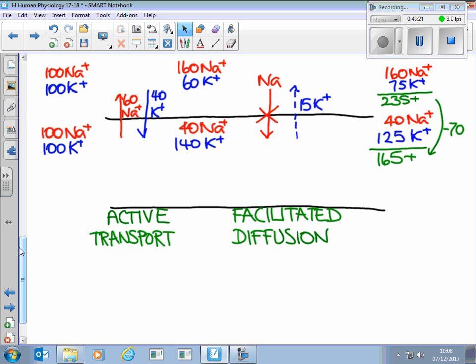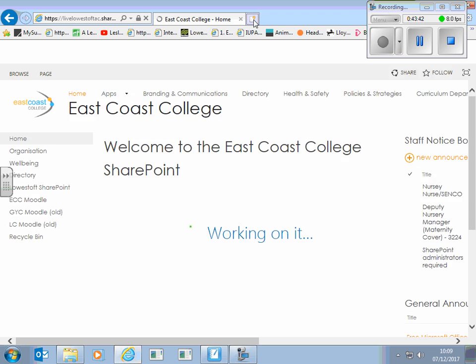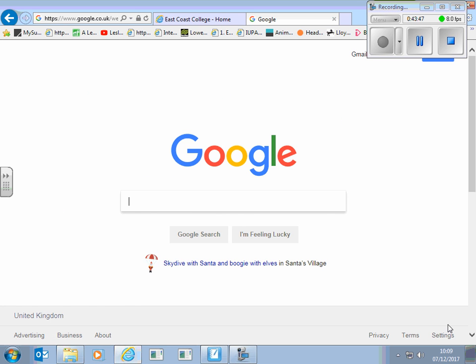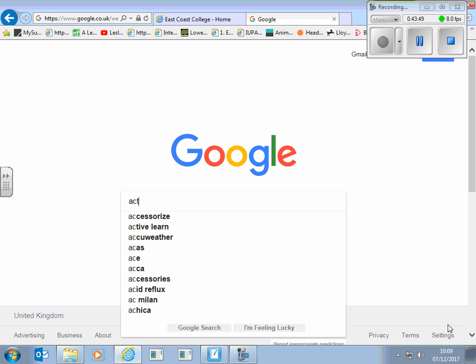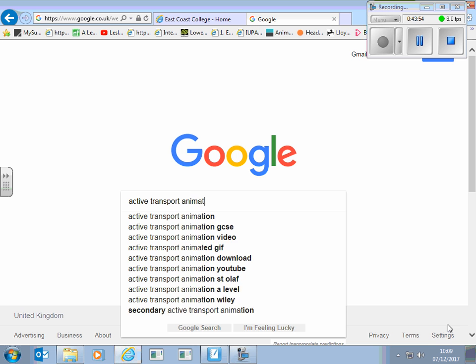All right. Now, there are animations out there, and if you need to see this in an animated way, then you need to do a bit of hunting around. I couldn't find one quickly yesterday, but I will come back to this if you're still writing that down. I'm just going to find the active transport animation.